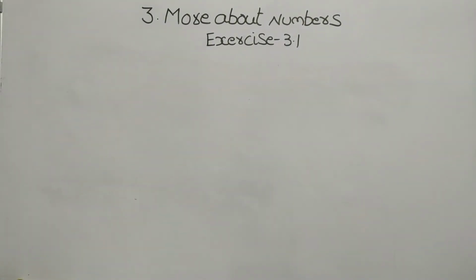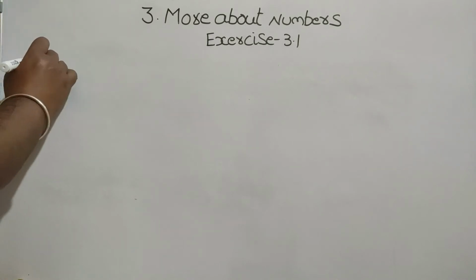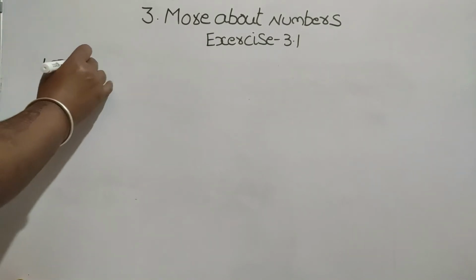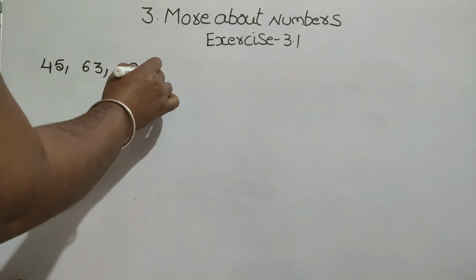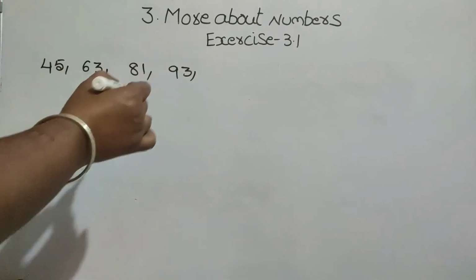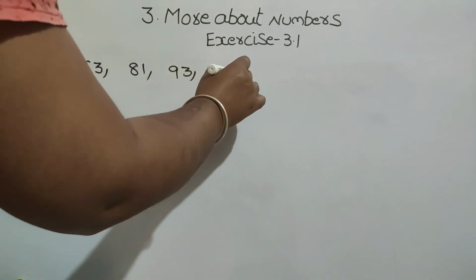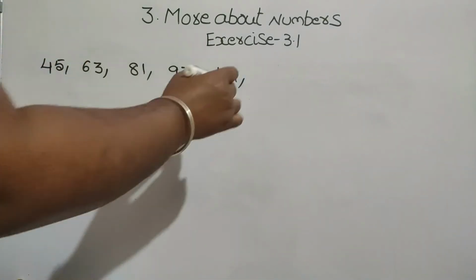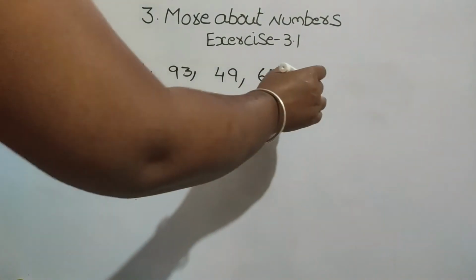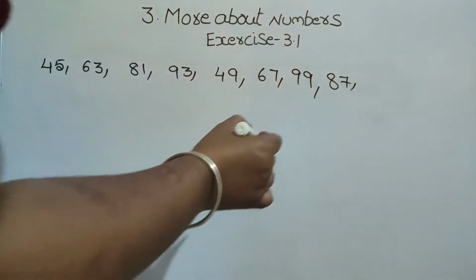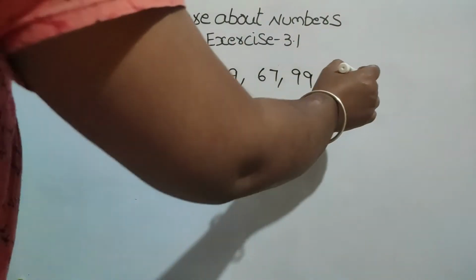Moving on to the next question, 8th one. Which two numbers do not belong in the set of numbers given below? The numbers are 45, 63, 81, 93, 49, 67, 99, 87, 27, 19.